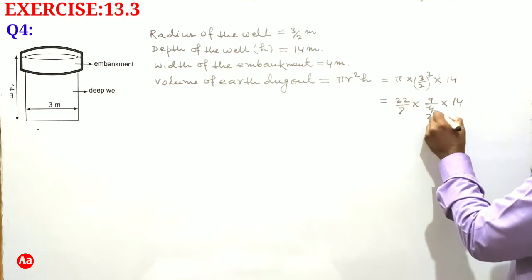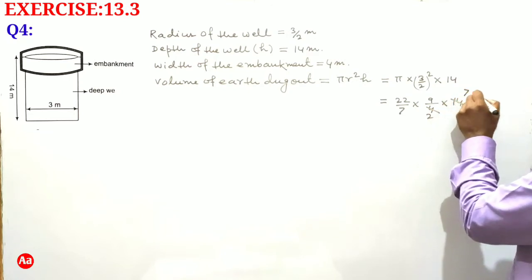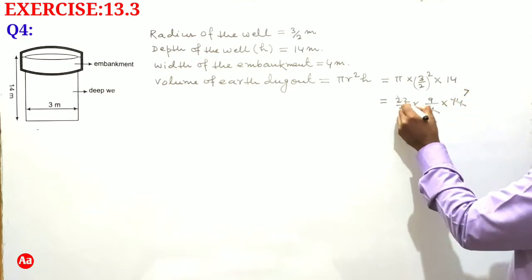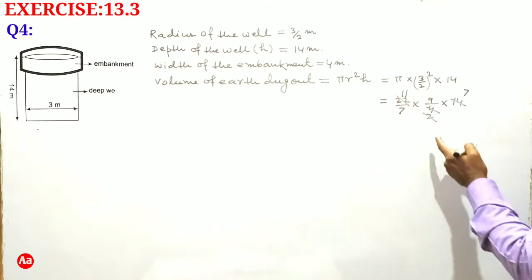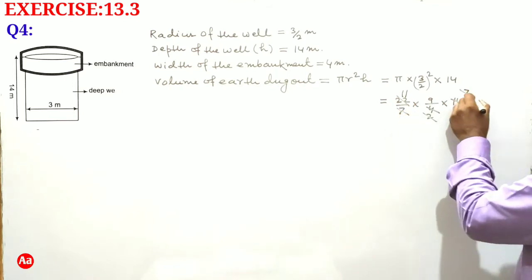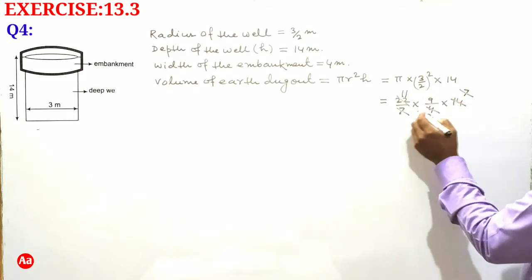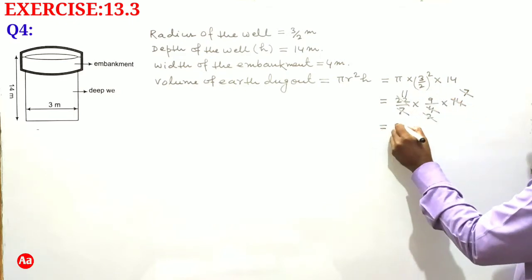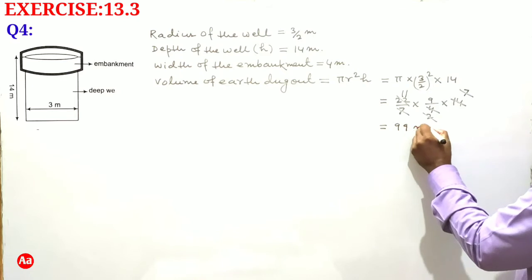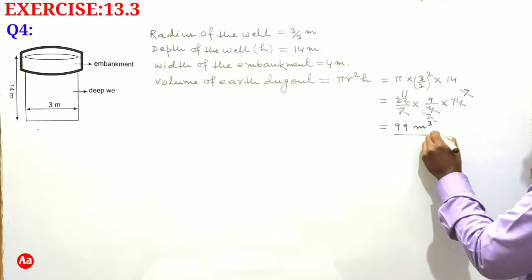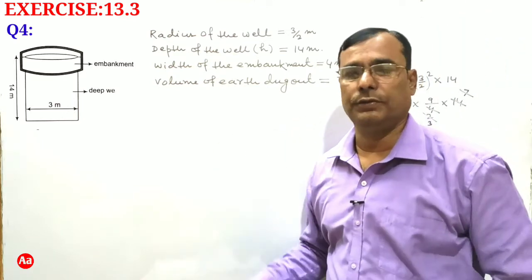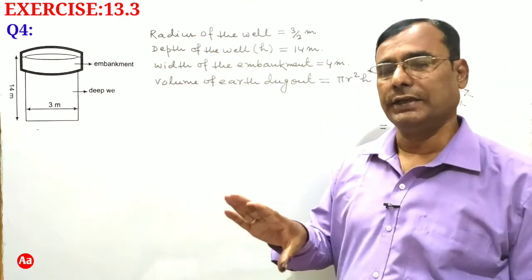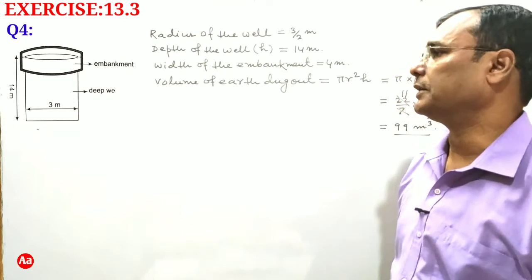So 2 to the 4, 2 7 ja 14 and 2 11 times 22 and 7 cancel. So 11 into 9, this is 99 meter cube volume of the earth that has been dug out from the well of diameter 3 meter and depth 14 meter.